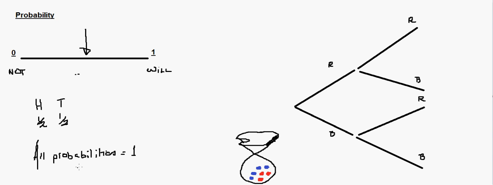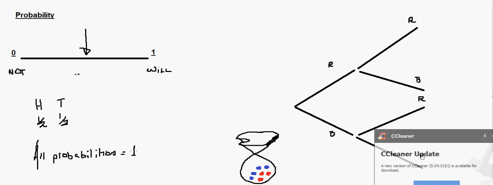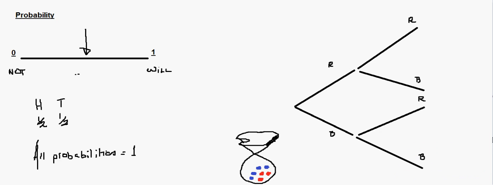Sorry it's not printed very well, but all probabilities add up to 1. As you can see here, the probability of getting heads is a half. The probability of getting tails is a half. Now if I add these 2 probabilities together, I get 1. So all probabilities add up to 1.